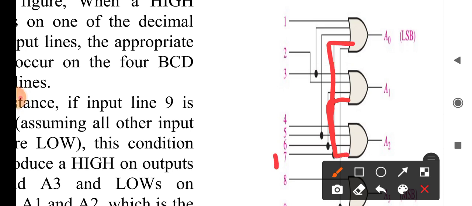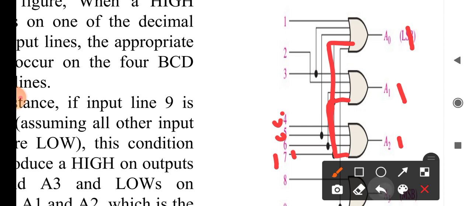When 7 is higher, the outputs we get are 1 for those, and the remaining are all 0. At a time only one input is active high, 7 is active high. So when 7 is active high, these will be active high, and A3 will be 0.